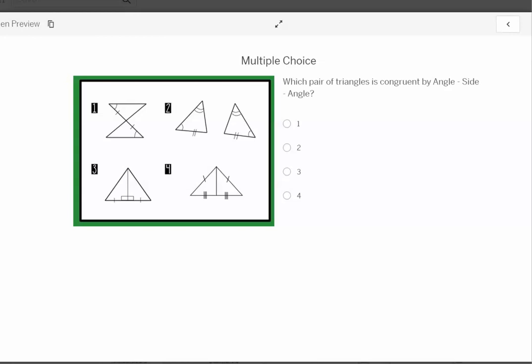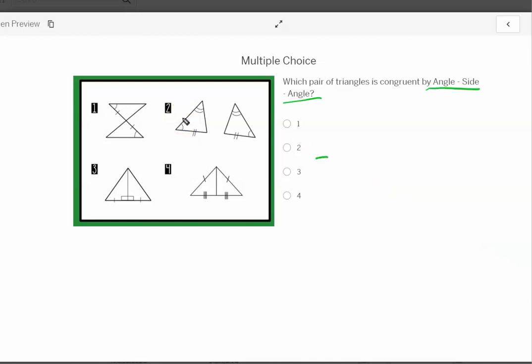Okay, this next one said which pair of angles is congruent. And this time they want to know if it's congruent by the angle, side, angle. So we already looked at all of them on the last one, right?